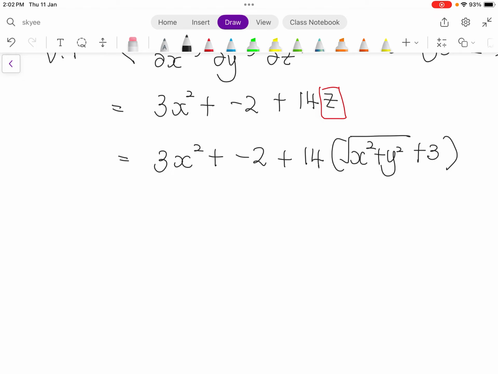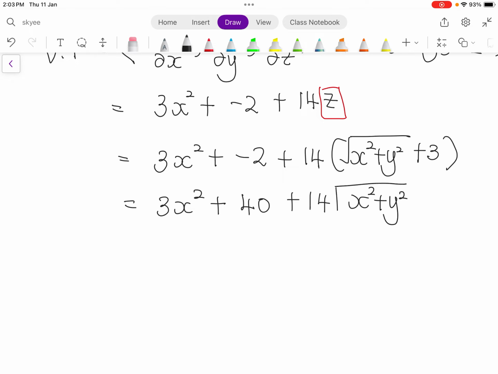So plus 14 plus 14. So this is the divergence of F.